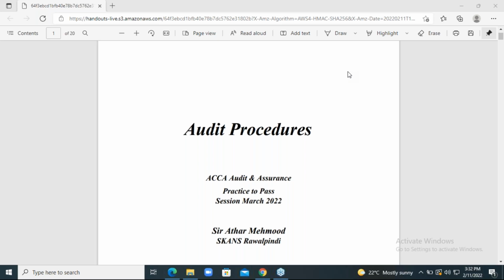So this is the first paper at ACCA level, and the examiner asks you or demands you to give audit procedures for certain issues that are identified in the question.